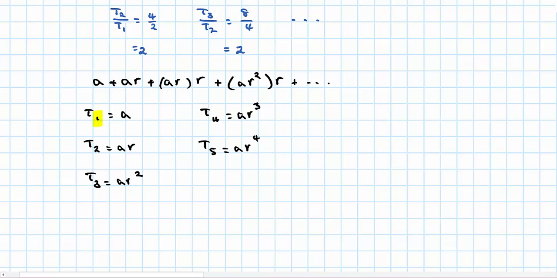When I have 1, I have r to the 0, 2, r to the 1, 3, r squared, 4, r cubed, 5, r to the 4. So Tn is going to be a r to the n minus 1. And that will get me any term in a geometric series.